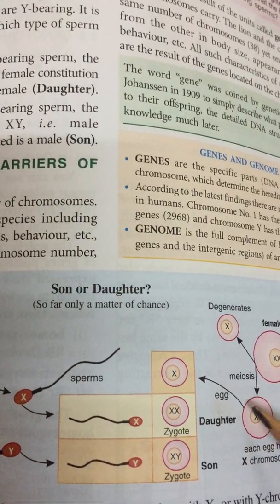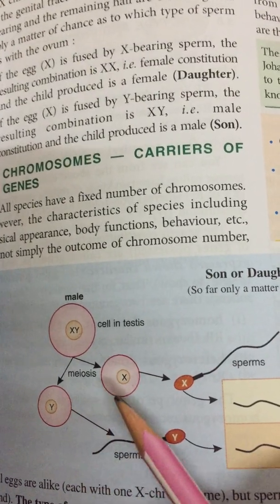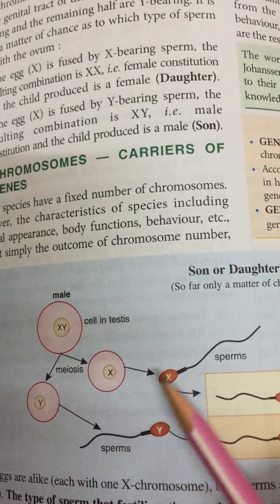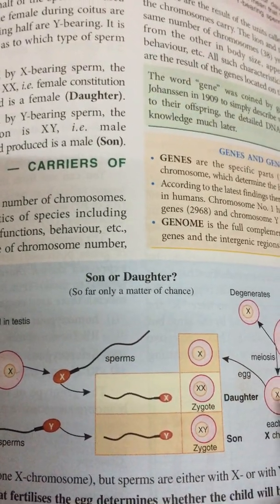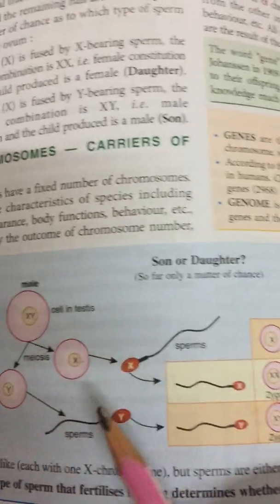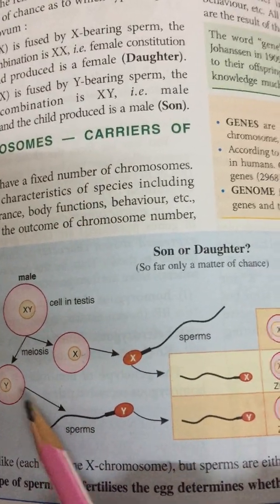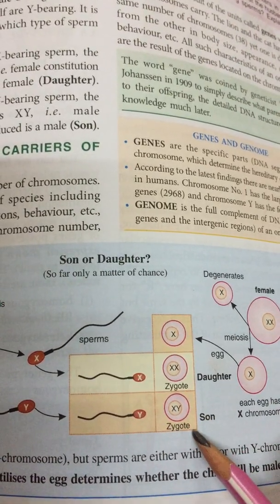So female is producing only X type, male is producing X or Y type, and it is just a matter of chance whether an X type of sperm fuses with the ova, which is only of X type, to form a daughter, which is XX, or a Y type of sperm fuses with the ova to form XY, that is a son.